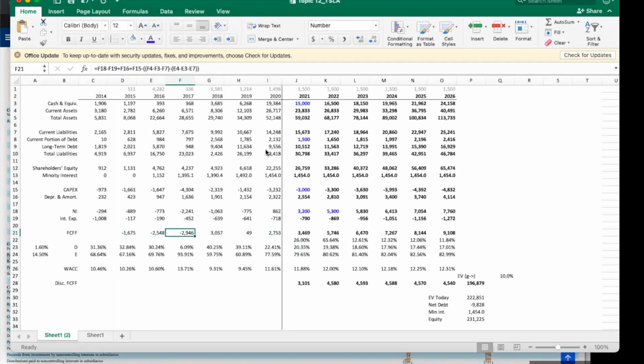So from 2015, 16, not surprisingly, they had negative free cash flows to the firm. And lo and behold, all of a sudden, now they have positive.